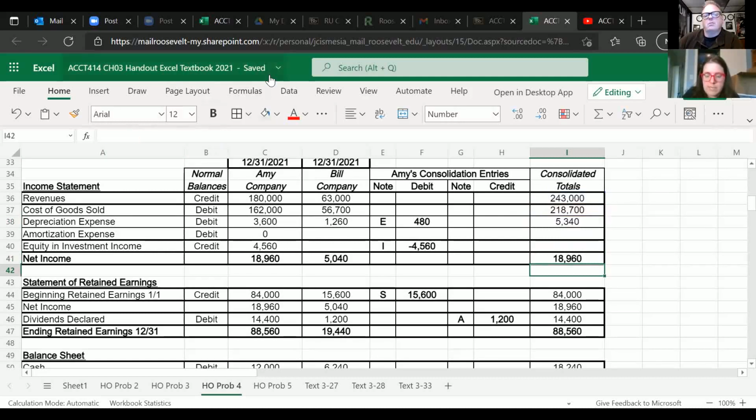So 18,960. Perfect. Okay, so I'm supposed to take out both of these, but I don't want to put them as negative on the sheet, right? Well, in the journal on the CPA exam, in the journal entries. Now on the financial statements, usually they are shown as negative, but in the journal entries you don't put negatives.